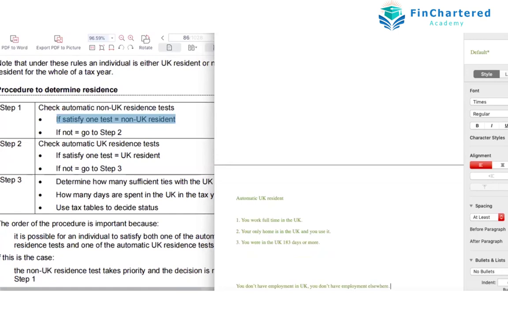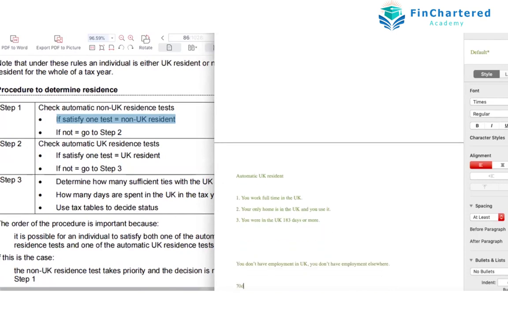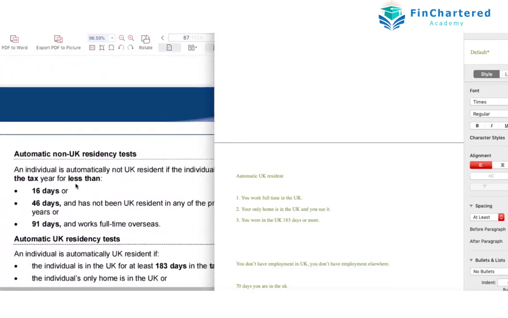And you have stayed in the UK for, say, how many days? 70 days. You were in the UK for 70 days. So obviously, look here.